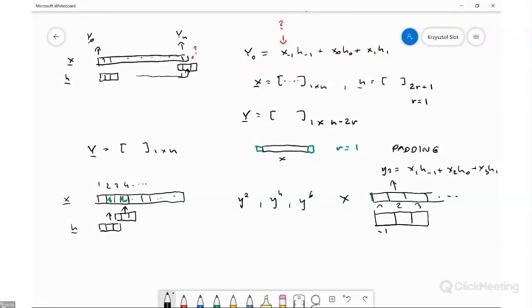And here are the indices of the filter. So this is my filter. But if I would like to center it or compute a result for location 1, I would have to center my filter here and observe that I don't have this value here.